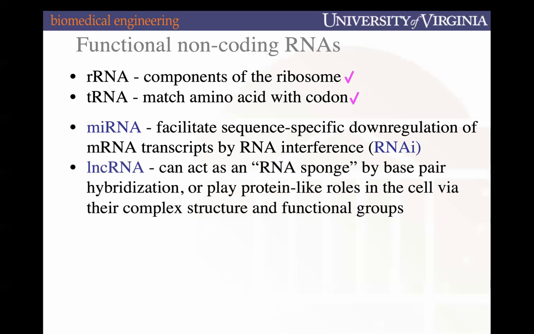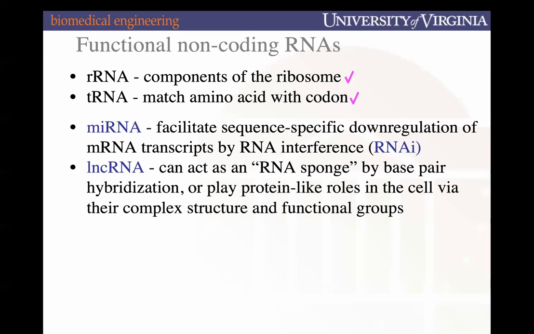The next class of non-coding RNAs that we're going to be focusing on today are long non-coding RNAs. While microRNAs are much smaller, on the order of 20 or 21 nucleotides long, long non-coding RNAs are much more massive and can act as what we call an RNA sponge, meaning that via base pairing, they're soaking up RNAs and inhibiting their activity.